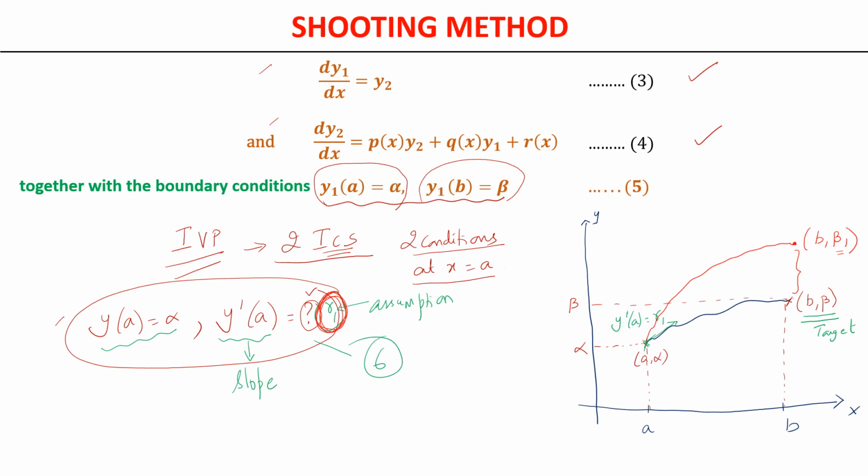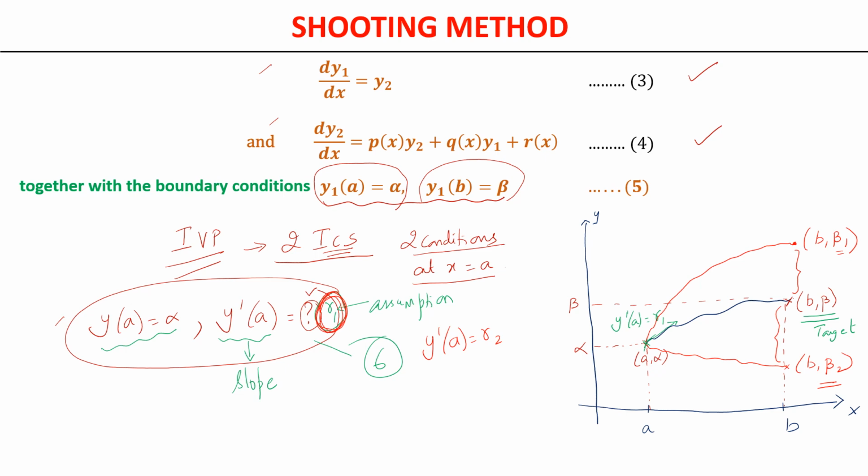So instead, I would take another slope, say y dash of A equal to gamma 2, and again shoot from this point and arrive at some other point here, say B comma beta 2. Again, I have arrived at a point beta 2, but I have not come anywhere closer to beta.